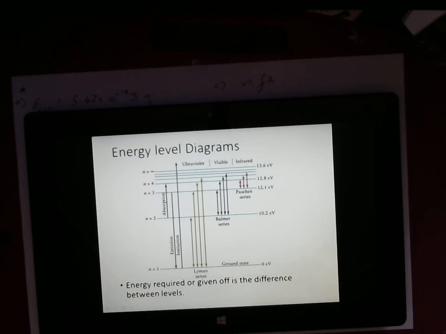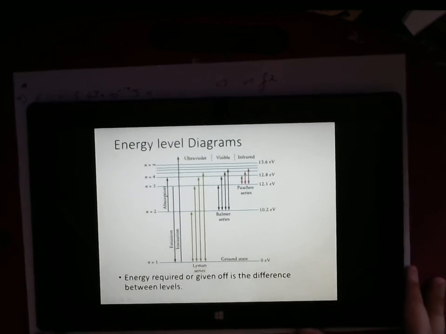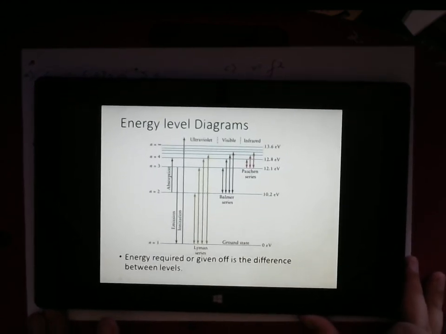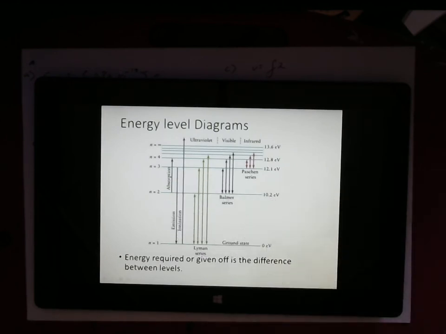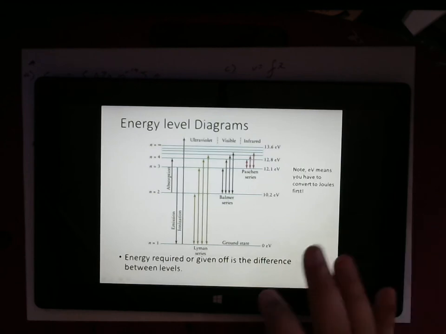What you need to realize is that it's still saying the same information, just presented in a different way. As you can see on this picture, if it falls in, that's the difference, which is how much it emits. To go from there to there, that's how much it has to absorb in order to make that transition.